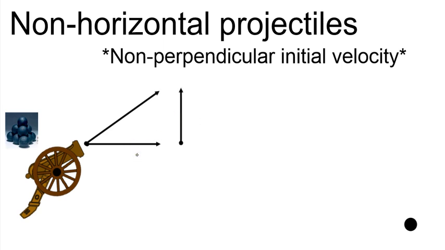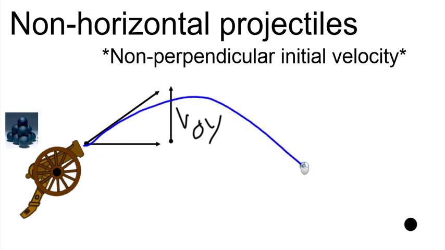Our x component for the velocity is going to remain constant throughout the problem. That'll be our v average, our vf, and our v naught. Whereas this vertical component will change over time, and this will be our v naught y. And if we were to imagine this as a projectile, this would be its displacement.